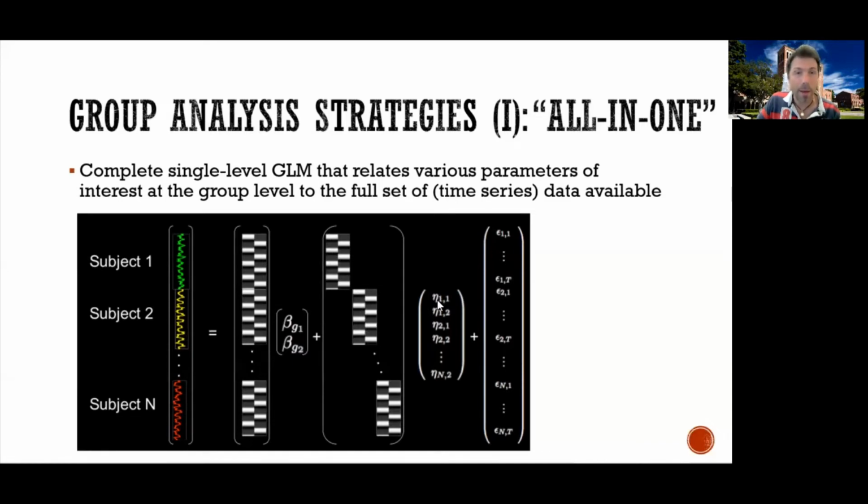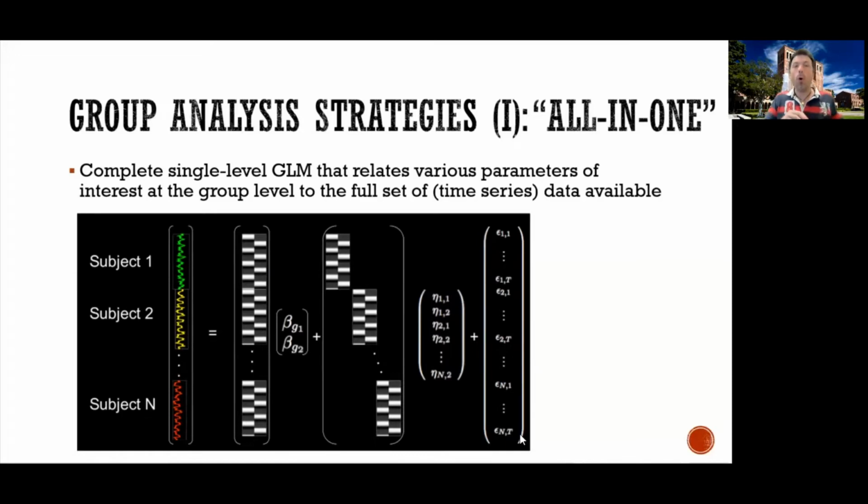So this is beta for participant 1, condition 1, which might be faces. This is the beta for participant 1, condition 2, which perhaps is houses. So these are the single subject effects. And then, of course, there's an error term.